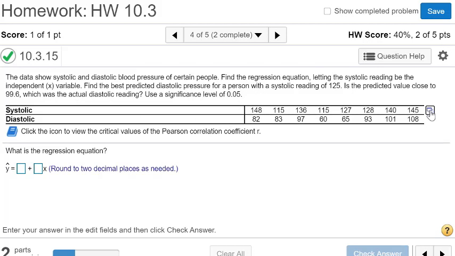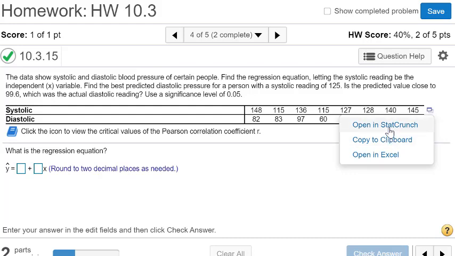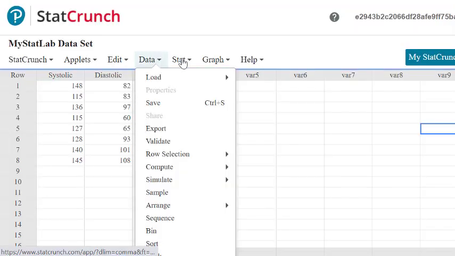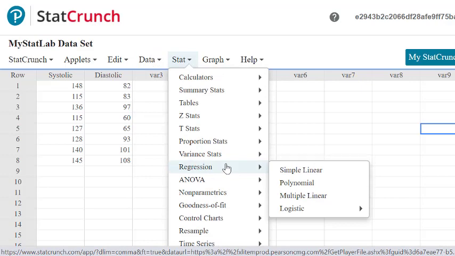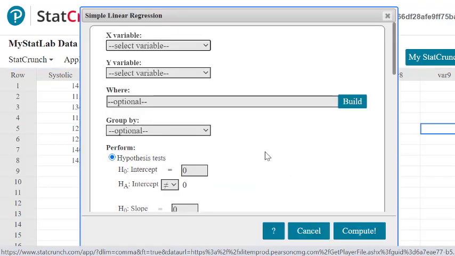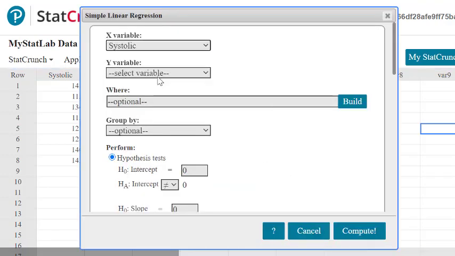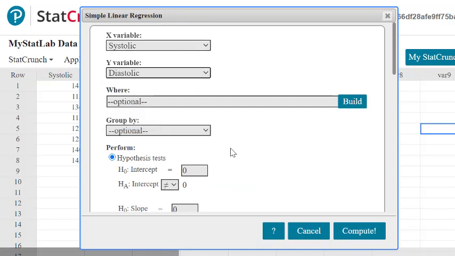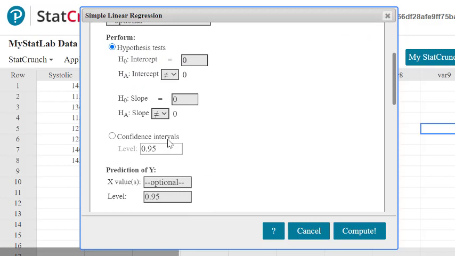Okay, let us use StatCrunch for this, and let's open it up. And here's our data. We will go to Stat, Regression, Simple Linear. We'll select the x variable, systolic, and the y variable, diastolic. We don't need to do a hypothesis test for this problem.